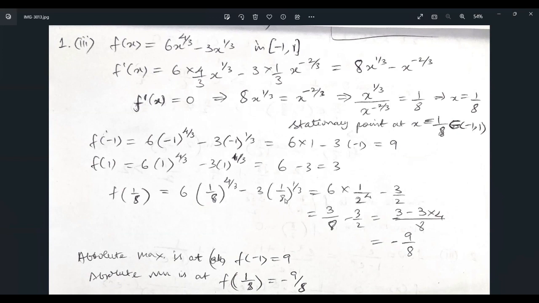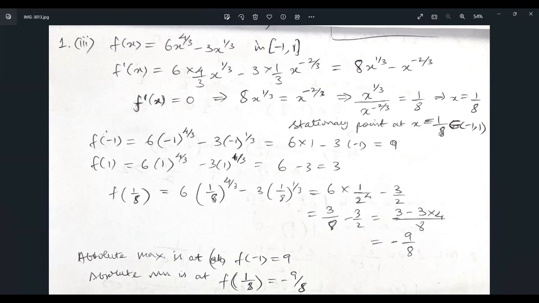The cube root of 1 by 8 here is also 1 by 2. So what we have is 6 into 1 to the power of 6 divided by 2 to the power of 4 minus 3 by 2. So we have 3 by 8 minus 3 by 2, which on simplification gives minus 9 by 8.